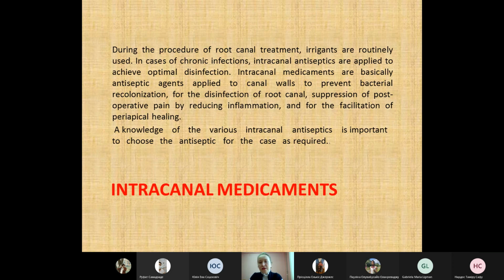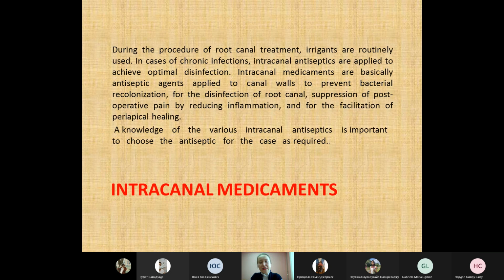So irrigation and instrumentation are essential parts of root canal treatment. And during the procedure of root canal treatment, irrigants are routinely used. In cases of chronic infections, intracanal antiseptics are applied to achieve optimal disinfection.